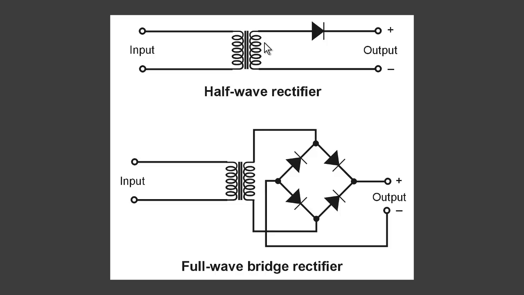Assuming that you have the same current demand in either case, it's going to be a lot harder on the transformer if you use a half wave rectifier than it will be if you use a full wave bridge. So all 4 of these choices, A, B, C, and D, are valid answers, and that means that the correct answer to this question is E, all of the above.